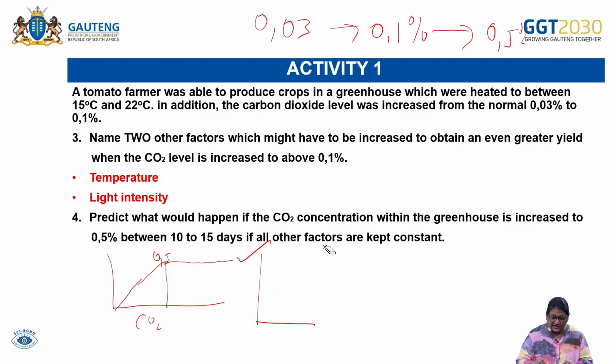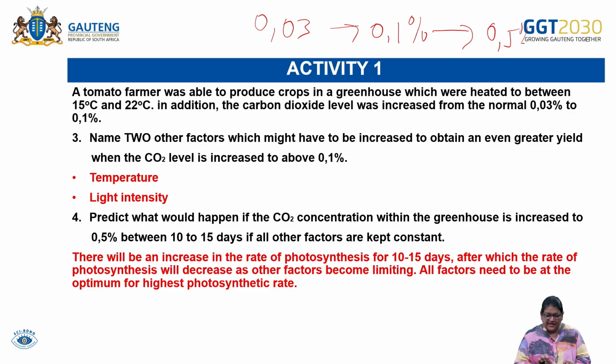Okay, so let's just erase this here now. Okay, let us see the answer. If you increase CO2 from 0.03 to 0.5, which is 5 over 10, right? There will be an increase in the rate of photosynthesis, yes, for 10 to 15 days, because you're increasing it between 10 to 15.